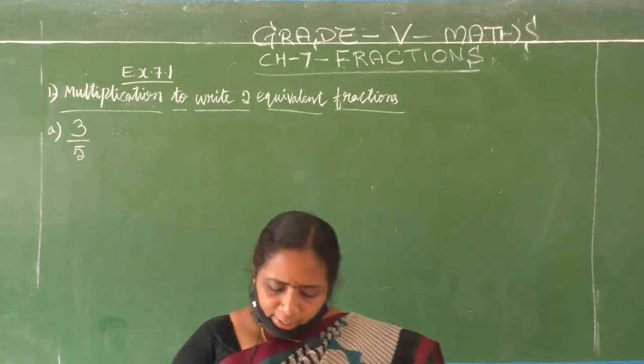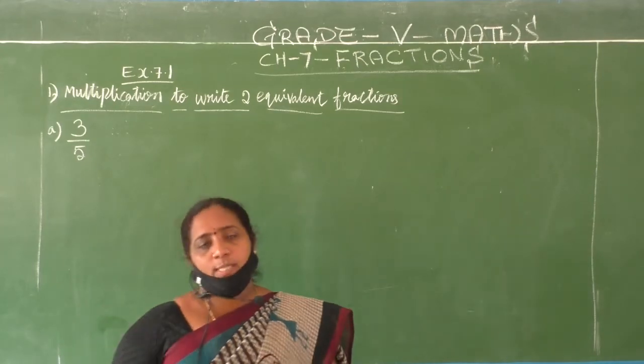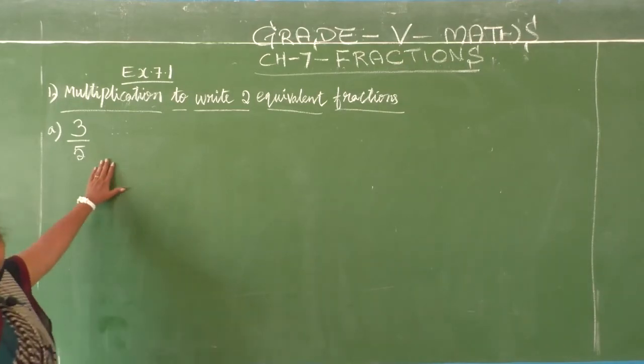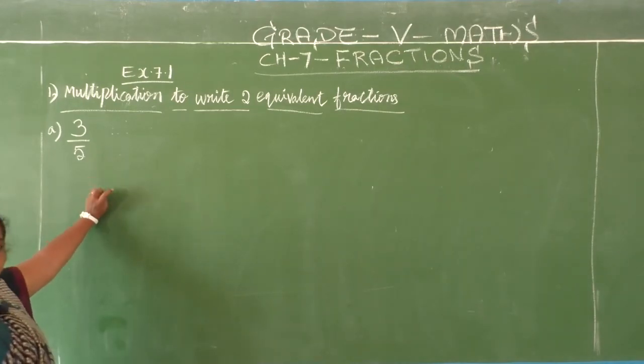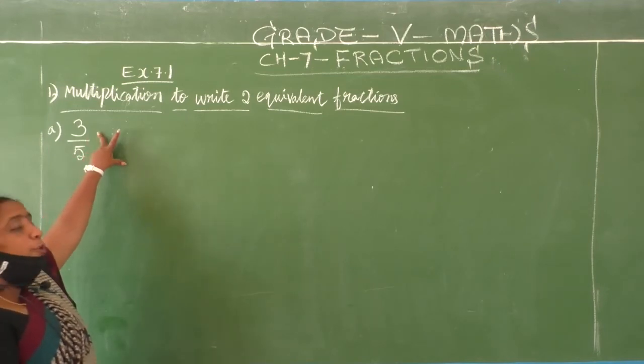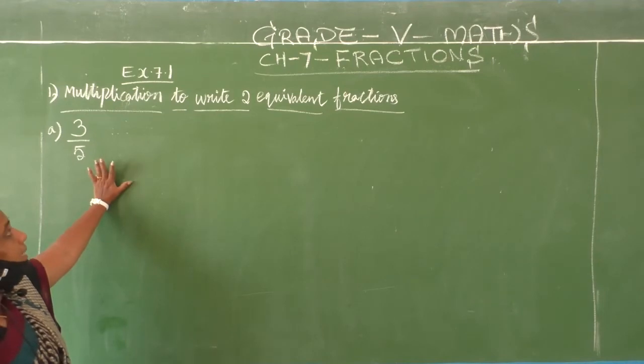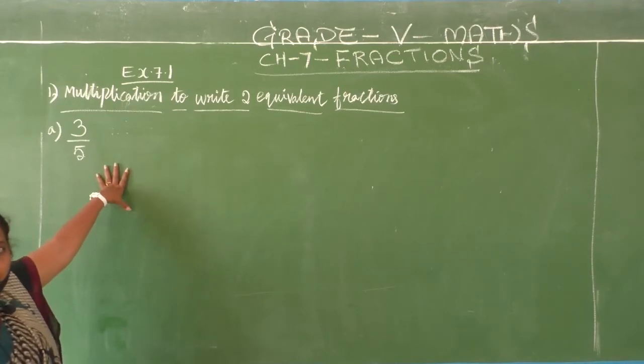Multiplication to write two equivalent fractions means we have to multiply the numerator and denominator with the same number. That's an equivalent fraction by multiplication.